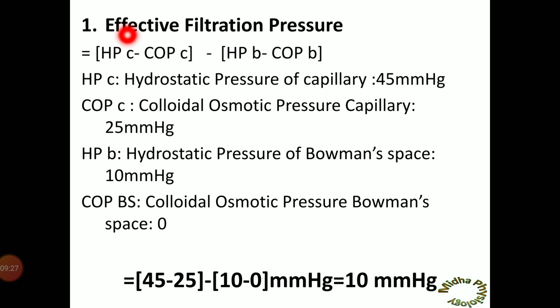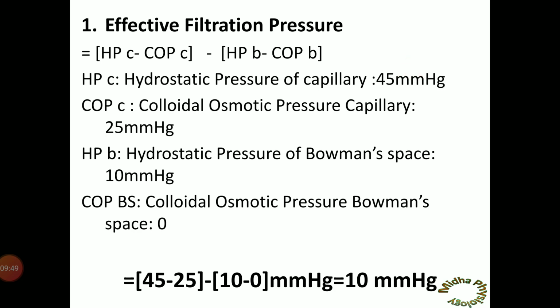So the hydrostatic pressure of the capillary minus the colloidal osmotic pressure of the capillary, if subtracted with the hydrostatic pressure of the Bowman's space and the colloidal osmotic pressure of the Bowman's space, will give us the effective filtration pressure. The hydrostatic pressure of the capillary is around 45 millimeter of mercury.